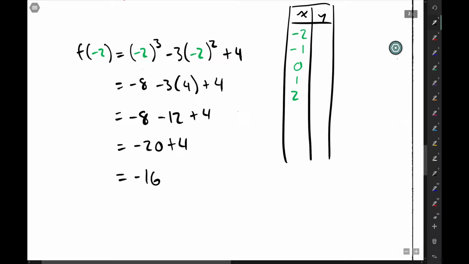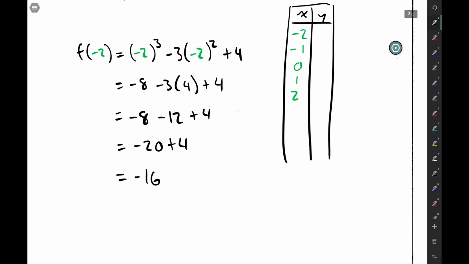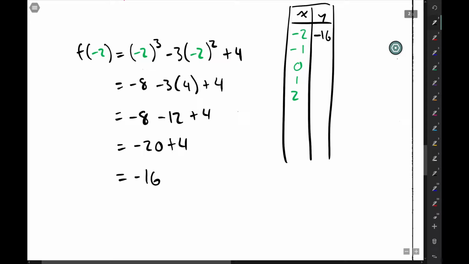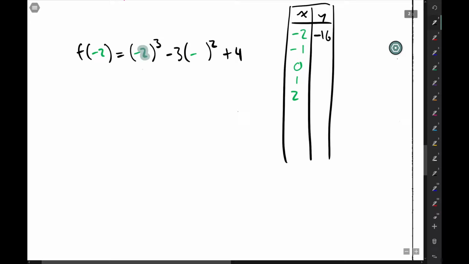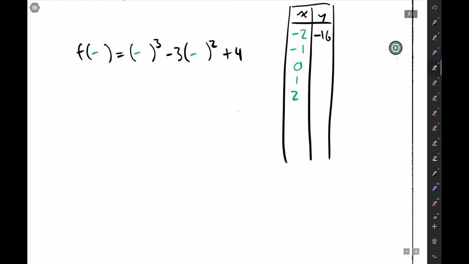I'm trying to get through this so you guys have enough time for the test, but we have -16. Okay. So let's think about it. Is that something that we're going to want to graph? Probably not. Hopefully, one of these x values will give us an indication of where the important parts of the graph are, at the very least.